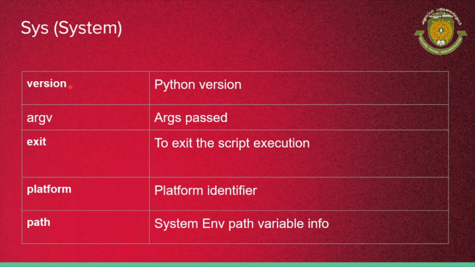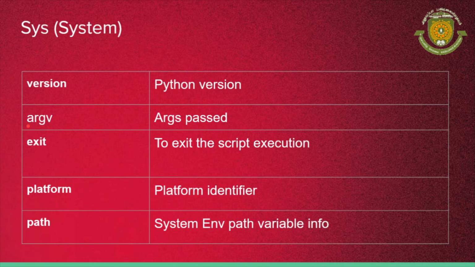Now let's see sys. There is a module called sys package. version, this will give you a Python version, major and minor version. argv, this will help us to fetch the command line arguments passed for the scripts. So I think after completing this basic stuff, we'll be doing one script, file organizer.